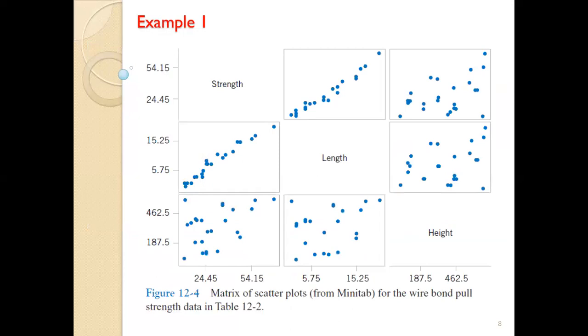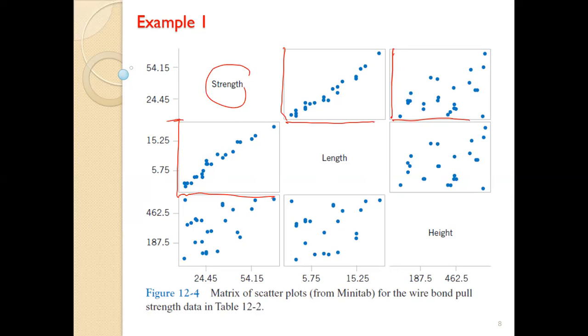If we plot each term, here is strength against wire length. We find that as wire length increases, strength increases. Or we plot strength on the y-axis against height. As the height increases, the strength changes without a clear function or pattern. We cannot predict whether, when the die height increases or decreases, the strength increases or decreases. Looking at length on the y-axis and strength on the x-axis, there is a linear relationship.